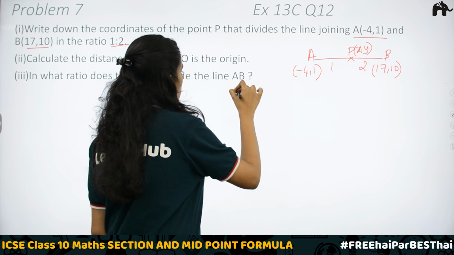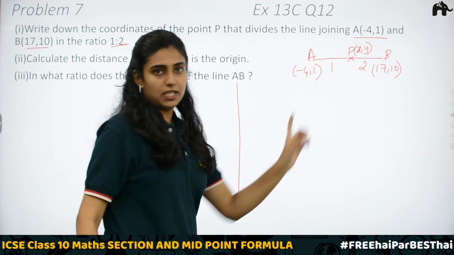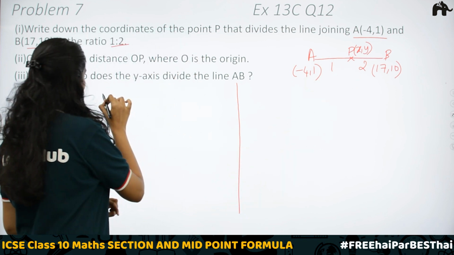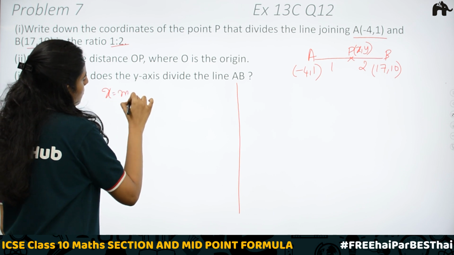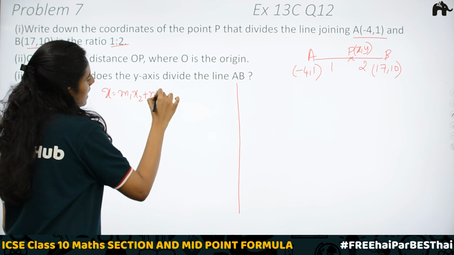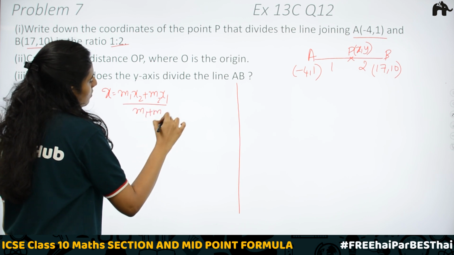Okay. Now, let us find the coordinates of point P, x, y. How do we find? Section formula. X is equal to m1 x2 plus m2 x1 divided by m1 plus m2.